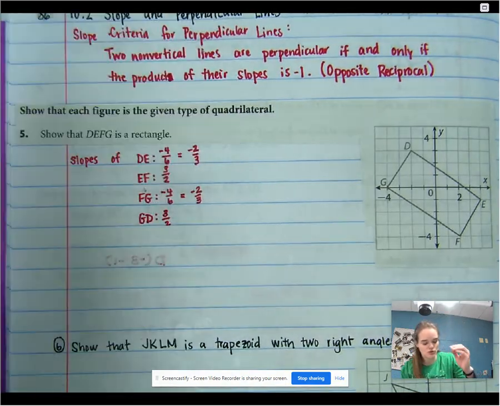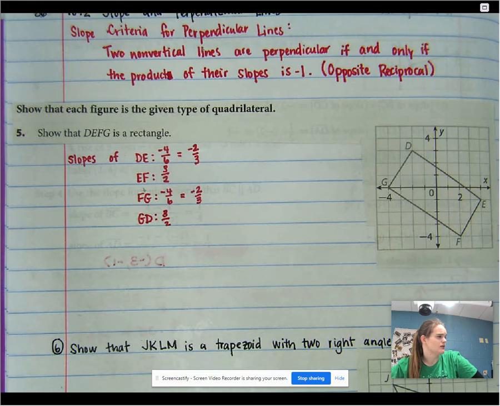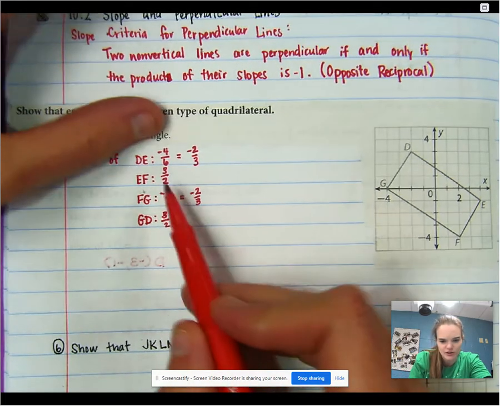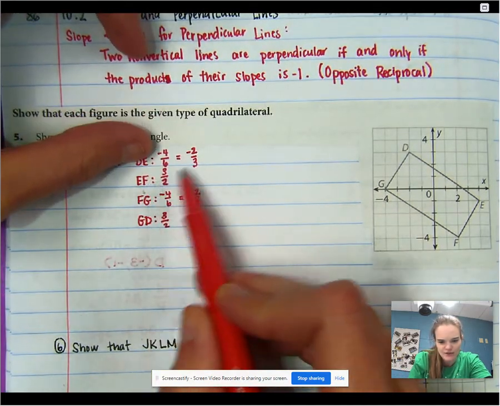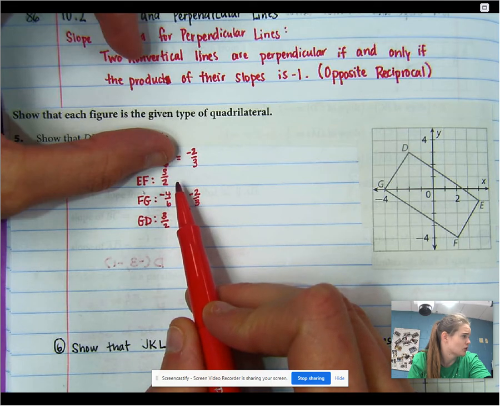Okay, to show that something is a right angle, I need to show that something is perpendicular. So let's look at what we've got. We need something that has a product of -1, which is the same as the opposite reciprocal slope. So look right here, DE and EF, I have negative 2/3 and 3/2. Those are opposite reciprocal slopes.